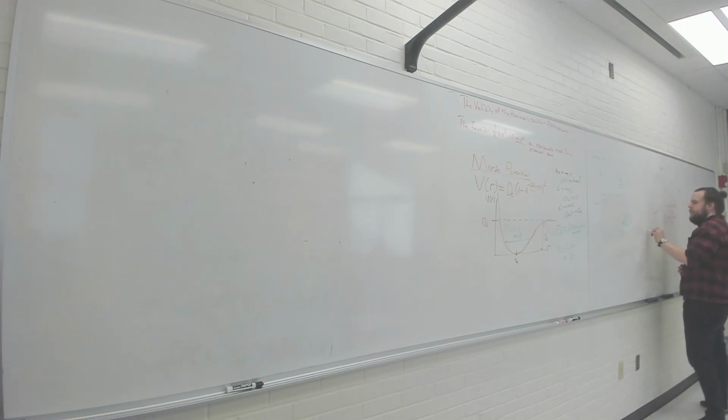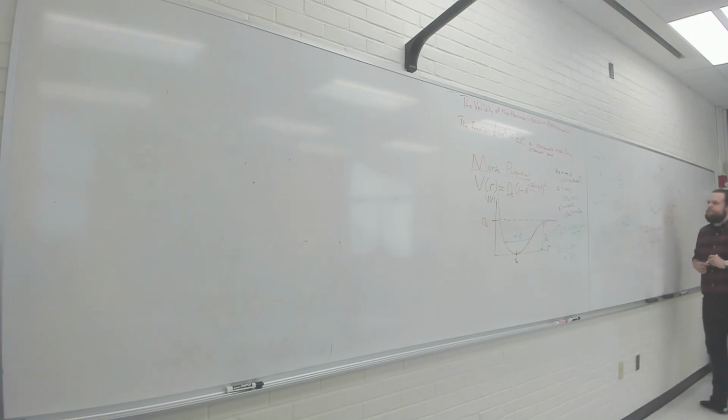But at or near v equals 0 energy, which is 1/2 h bar omega, the Morse potential is effectively the same as the harmonic oscillator potential. And so as we start to get higher and higher energy, I'll draw my harmonic oscillator levels like this.